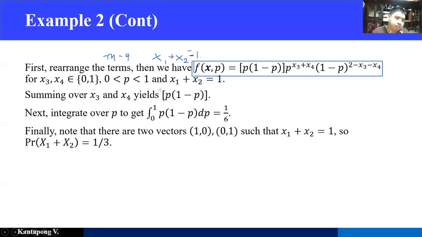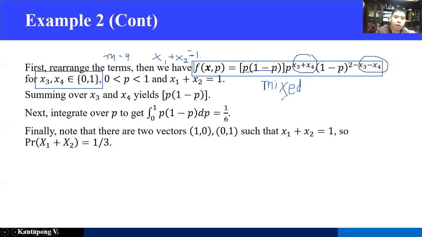Then, because we know that x3 and x4 are in 0 to 1, we have two layers that we need to consider. We have this one under this condition, but we have to find it for all possible combinations of x3, x4 and all possible values of p. This is the mixed distribution.